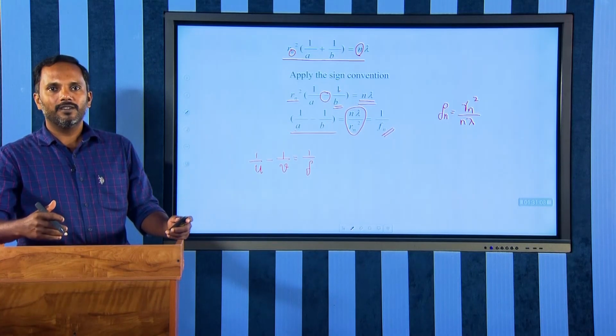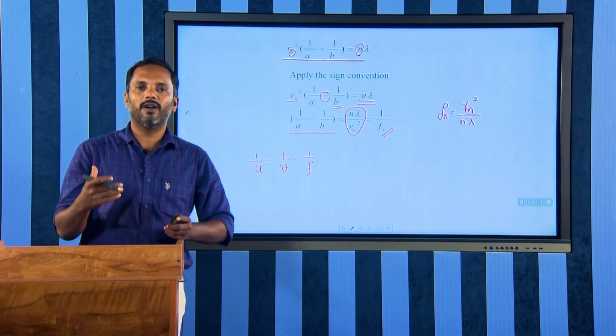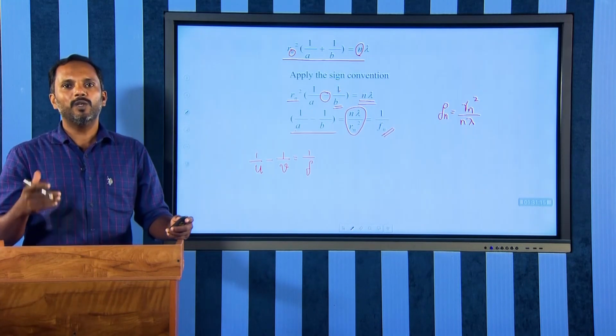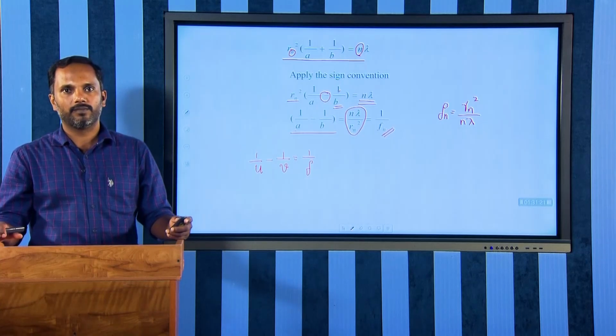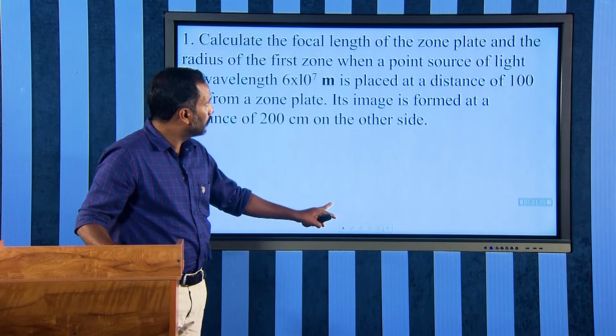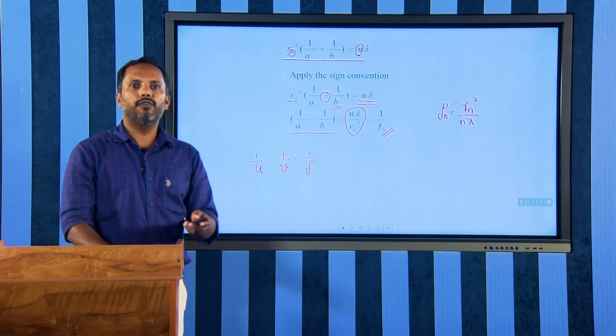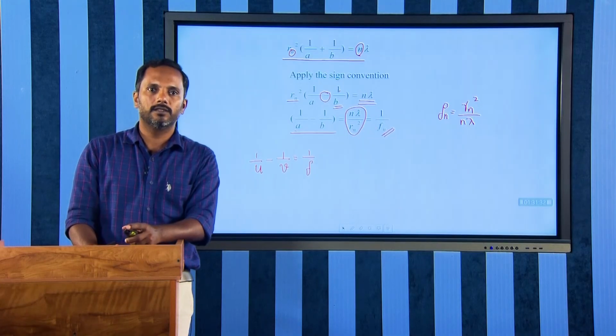But you remember the zone plate has a number of foci, a number of focus points, which depends on the number of zones used as well as the wavelength of the light I am allowing. Obviously, there are a few differences between the zone plate and the convex lens.